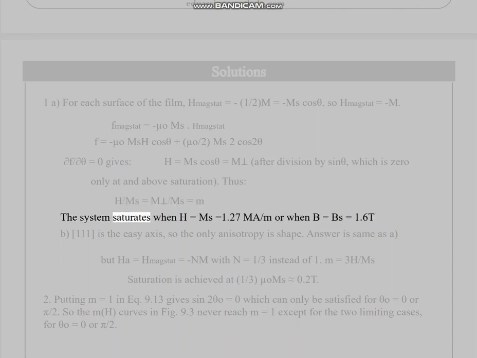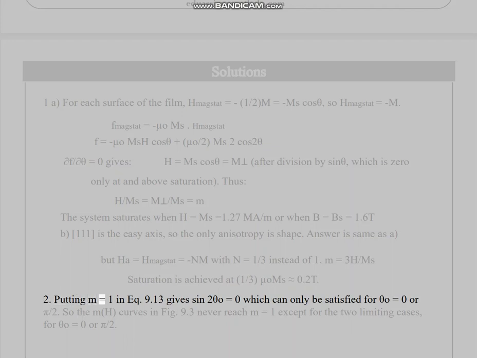The system saturates when H equals Ms equals 1.27 MA/m or when B equals Bs equals 1.6 T. b. 111 is the easy axis, so the only anisotropy is shape. Answer is same as A, but Hd equals Hmagstat equals NM with N equals 1/3 instead of 1. M equals 3H/Ms, saturation is achieved at 1/3, so mu0 H is almost equal to 0.2 T.